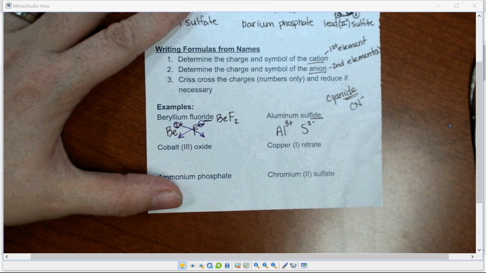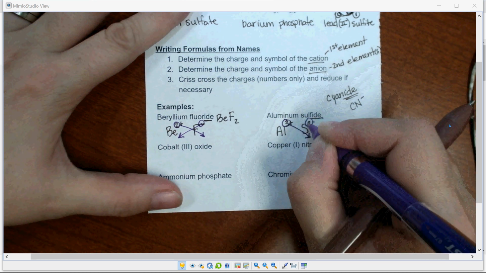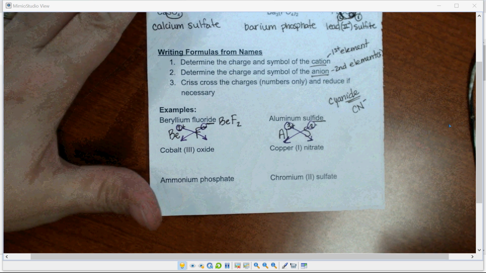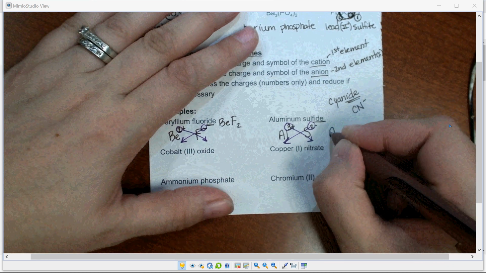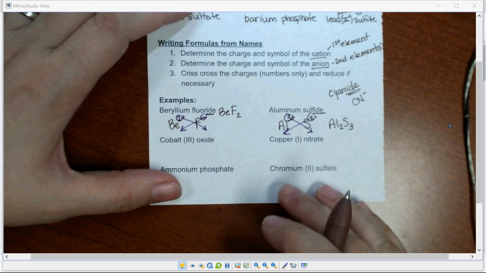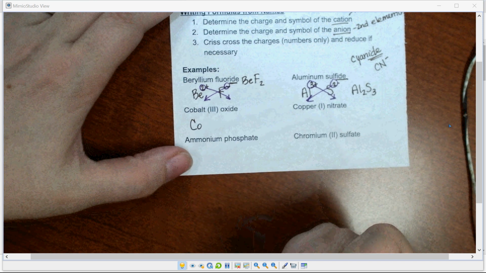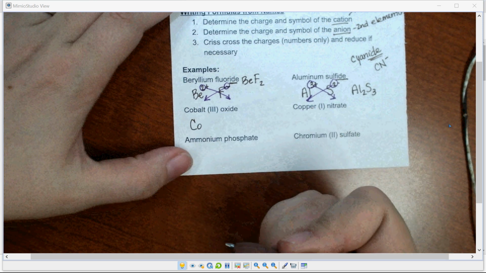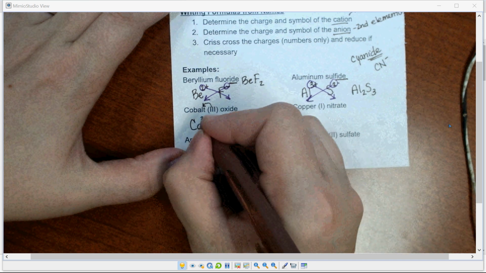So it's a 2-. So when I take those numbers and swap and drop them, I'm not adding or subtracting or anything like that. I'm just trading and crossing them down. I get Al2S3. Cobalt is Co. There's a Roman numeral there which tells me the charge on the cobalt, 3+.